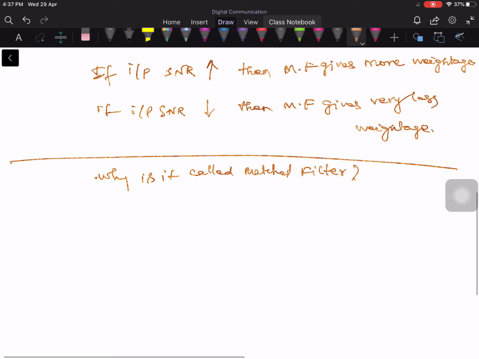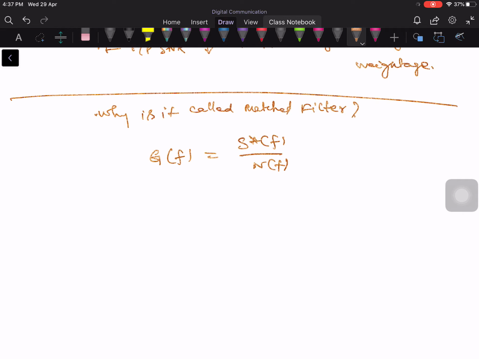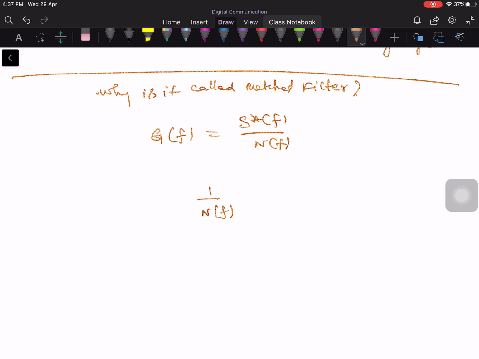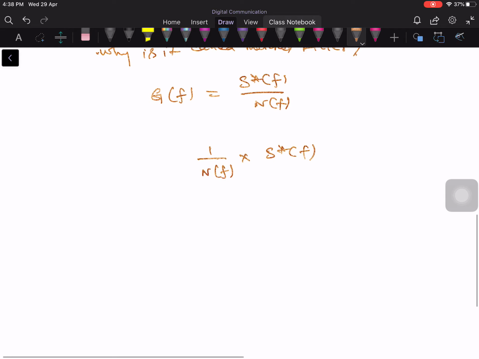Now we know that the transfer function G(f) is given by S conjugate of f divided by N(f). You can think of this transfer function as a multiplication of two functions, 1 over N(f) times S conjugate of f, so it is a cascade of two functions.